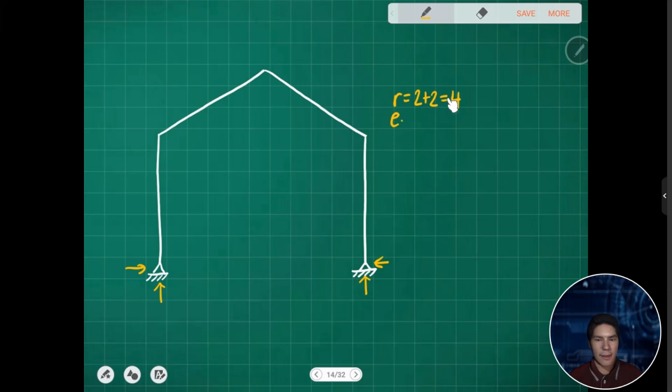We have no internal hinge, so that becomes 0. So the degree of indeterminacy is r minus 3 plus EC. So it is 4 minus 3 plus 0. So we have 4 minus 3, and that is 1 degree indeterminate.